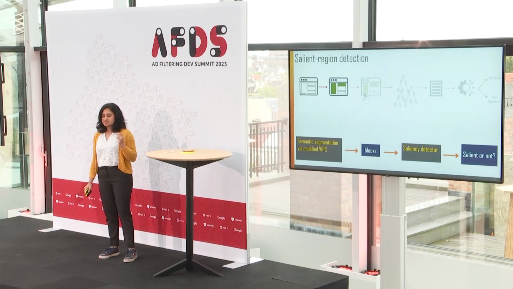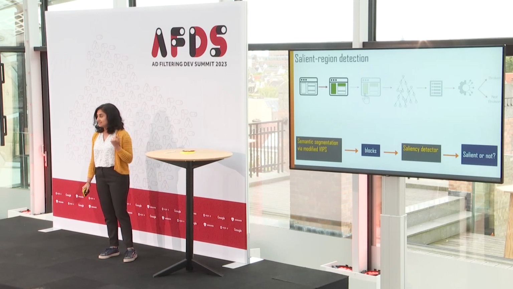We consider it as a single block. And there are a couple of deep learning methods that are used to perform segmentation on these pages, but we actually found that Microsoft has this system called VIPS, which performs segmentation from 2003, and that already performs pretty well.